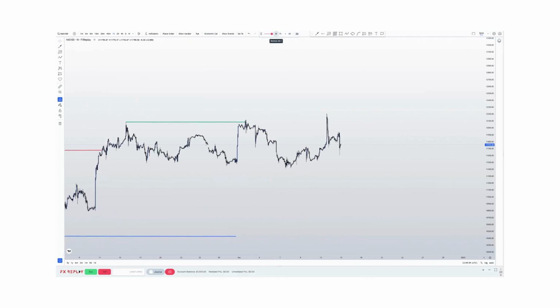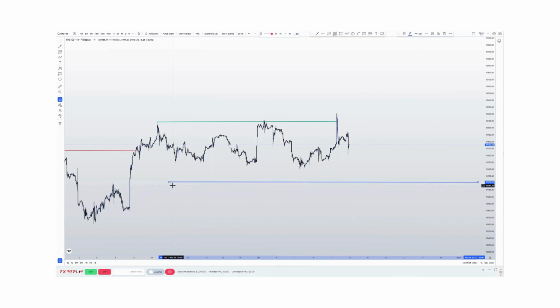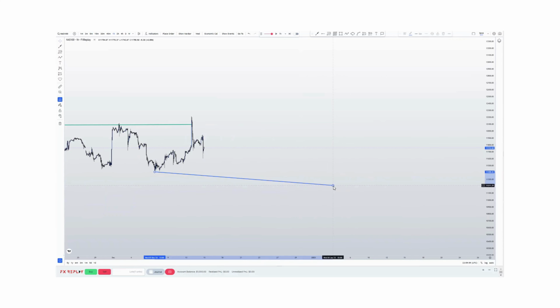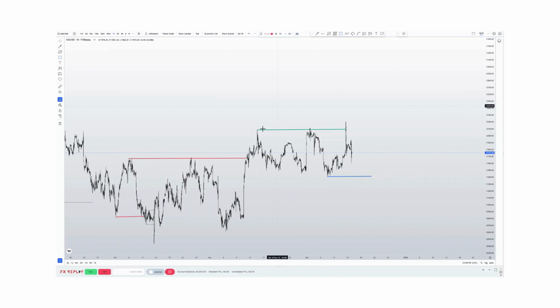There, you can see we have that break, and now our protected swing shifts to the lowest point. The lowest point between the wick swing and the break. So the lowest point is that point.